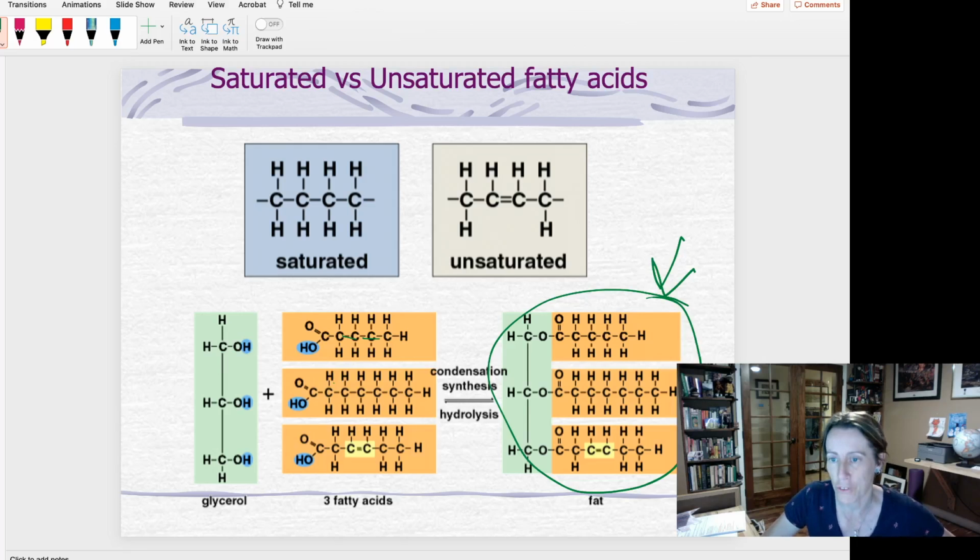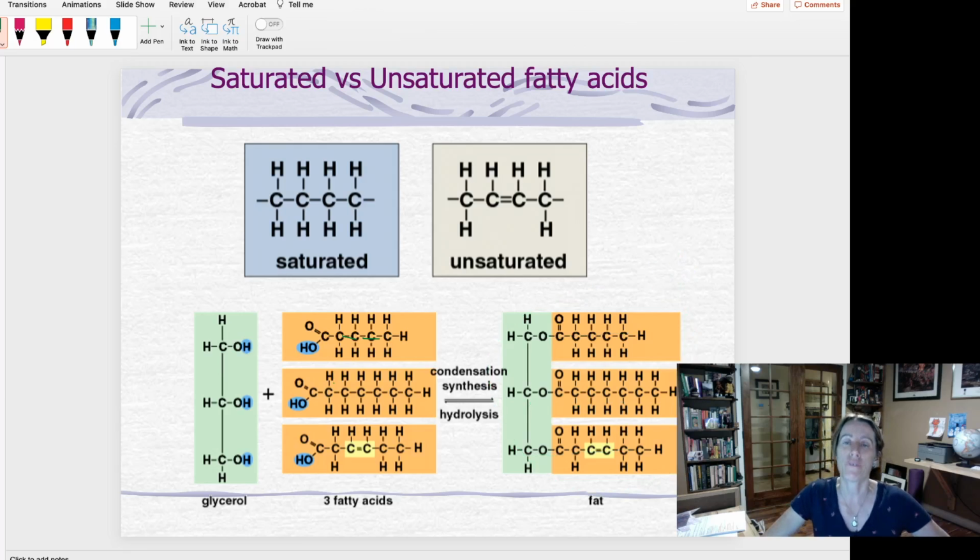Whereas a saturated fat would have all 3 of the chains with no double bonds and H's everywhere. So that's how you determine whether a fatty acid, and therefore the triglyceride that it's part of, is saturated or unsaturated. You look for double bonds in the chain, and you look for whether there's a gap in the hydrogens like there is here. That's fascinating, I guess, if you're into that kind of stuff.